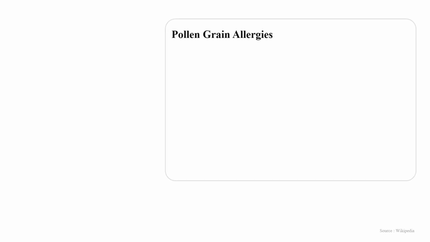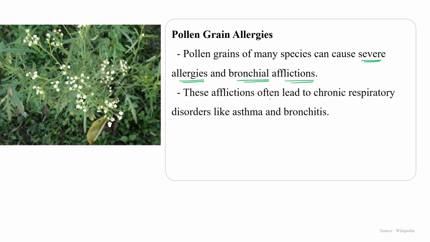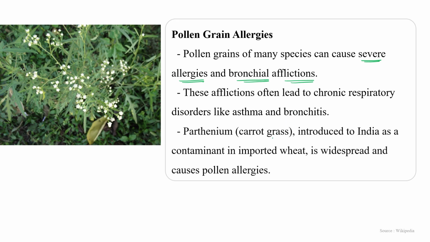Clear? Now, pollen grain allergy. Pollen grains of many species can cause severe allergy in some people, and severe bronchitis or bronchial infection. These afflictions often lead to chronic respiratory disorders like asthma and bronchitis in some people.